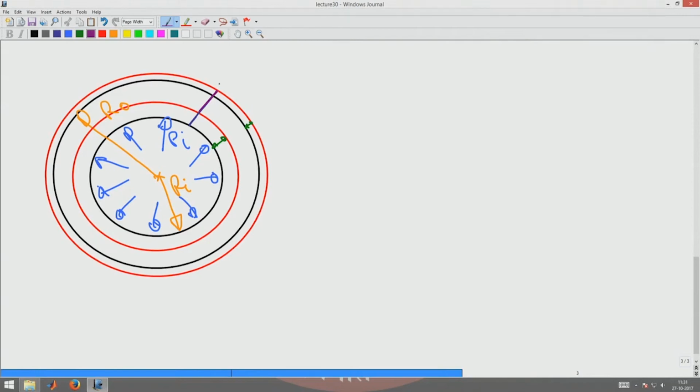It is not going to do something like what I am drawing right now. It is not going to become a curved line, it is going to remain straight and move like that.